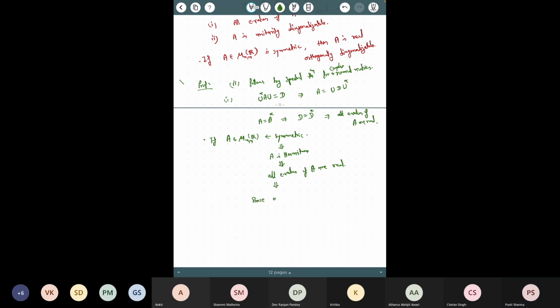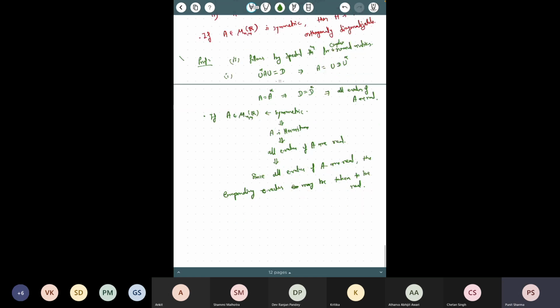Since all eigenvalues of A are real, the corresponding eigenvectors may be taken to be real. Why is this?